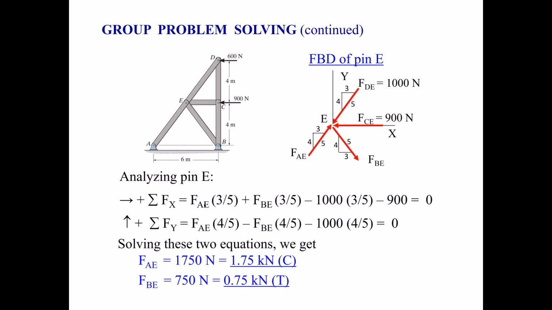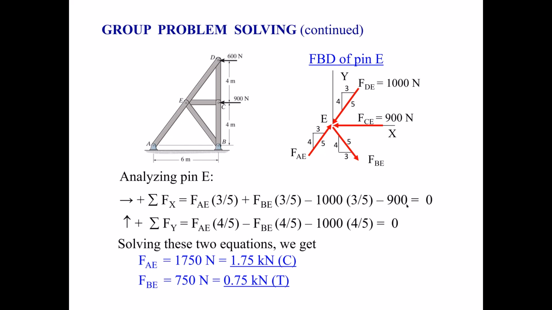Just looking at where they come up with this: this one's positive because its x component, the way it's drawn, is off to the right. And FBE is also positive because its x component is drawn off to the right. This x component is negative because this part right here is going off to the left.